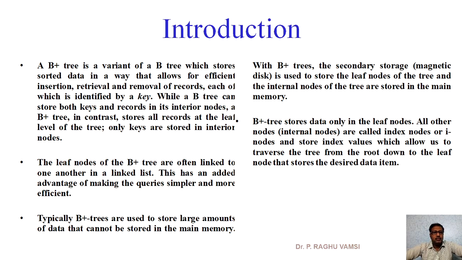We have seen the calculation of the access time of an element or a key in a B tree using complexity analysis: what is the disk access if the height is h, the order is m, and the number of elements is n? We have seen that, and how the disk access also depends on the depth of the B tree, in the last lecture.